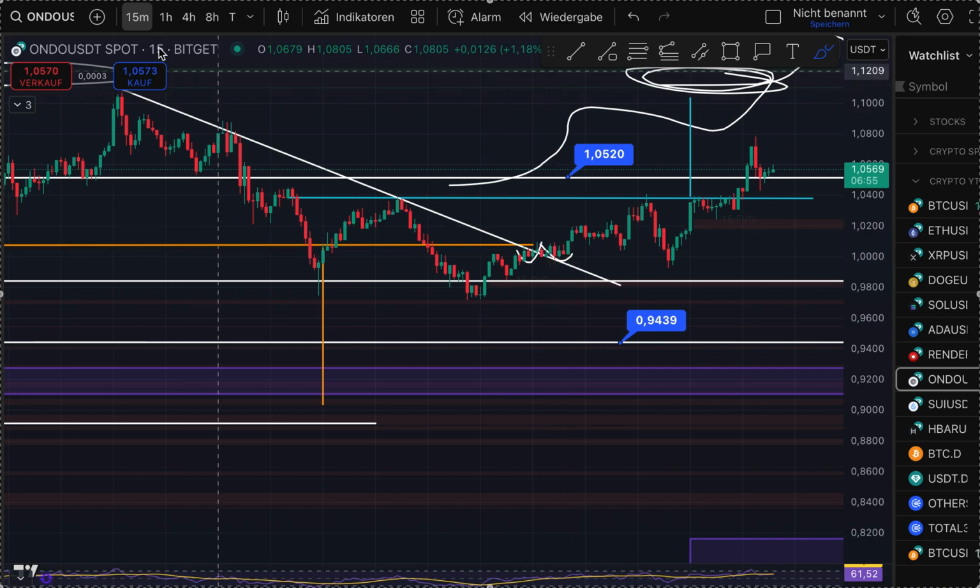We got the follow through, so I didn't even touch the short trade. I waited even a bit longer to sell off again.